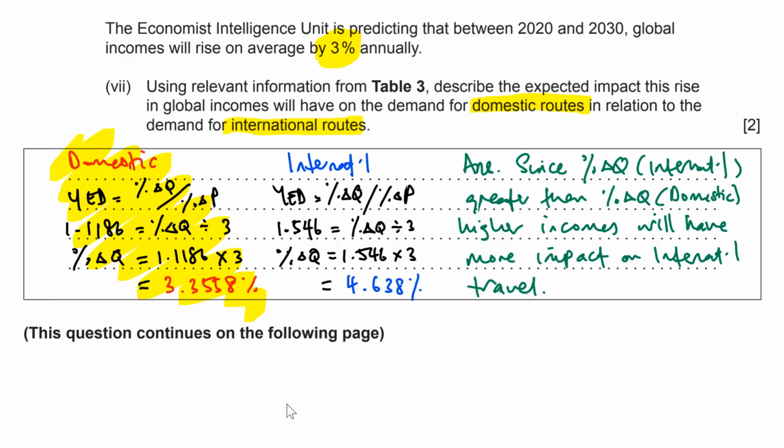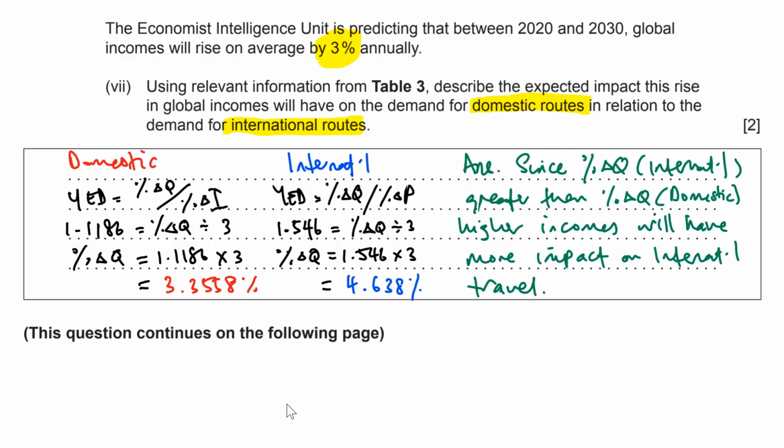To figure out the impact of this income growth on domestic travel, we first write the formula for income elasticity. So YED, income elasticity, is the percentage change in quantity divided by the percentage change in, now that shouldn't be price, that should be change in income, if we're being really pedantic. So that should be percentage delta I. But I don't think anyone's going to fuss too much about that.